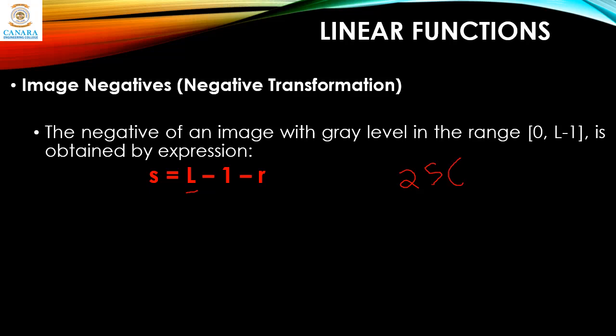Then S will be 256 minus 1 minus R, where R is the input pixel value. Consider R to be a darker pixel, something like 25. R value is 25. So it's a relatively black pixel value.